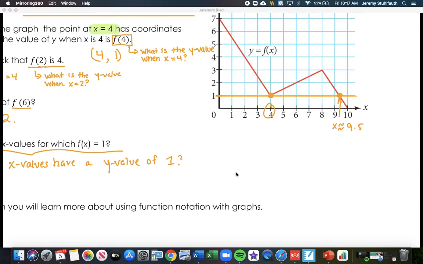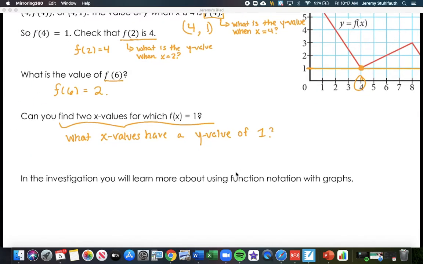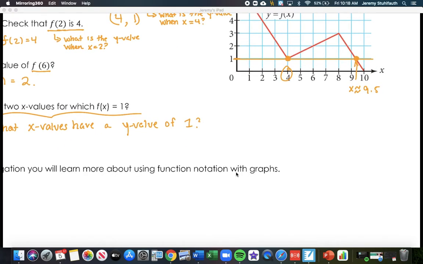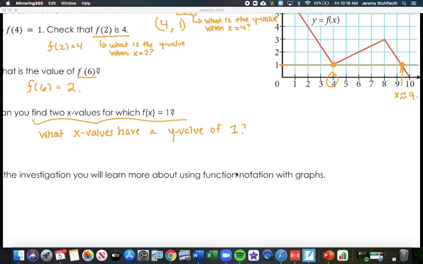So when we look at this, we'd say the two x values are: f(x), the y value, is equal to 1 when x equals 4 and x is approximately 9.5.